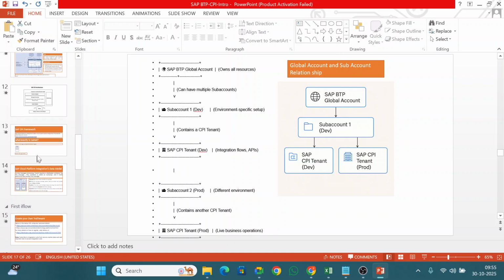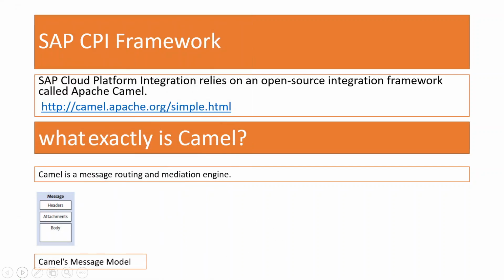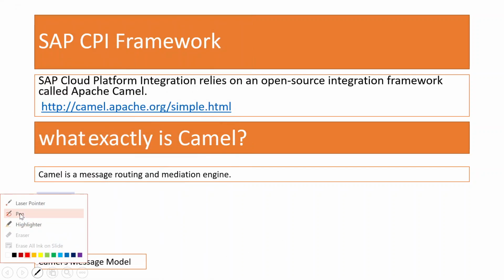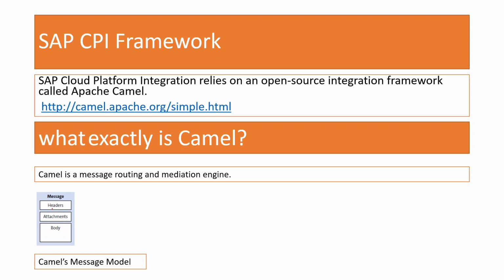Here is this message. Yeah, this is the one. Okay, now you see here. When I say message, it means headers, attachments, and body. First, this message will reach our CPI, our integration suite.